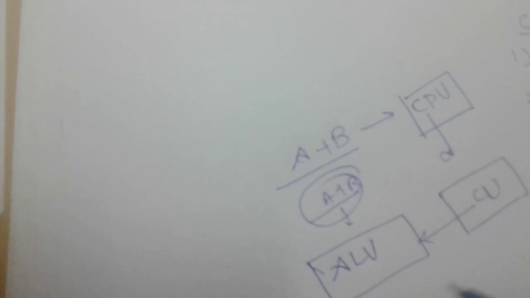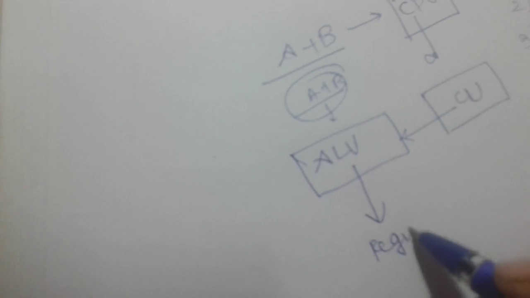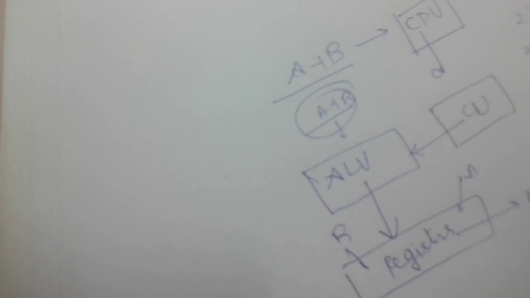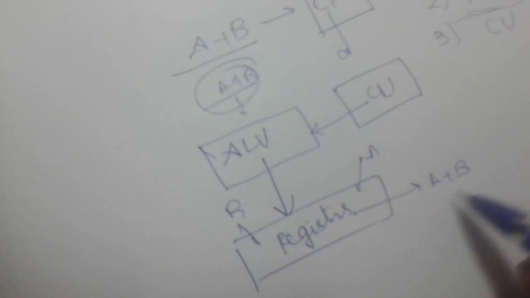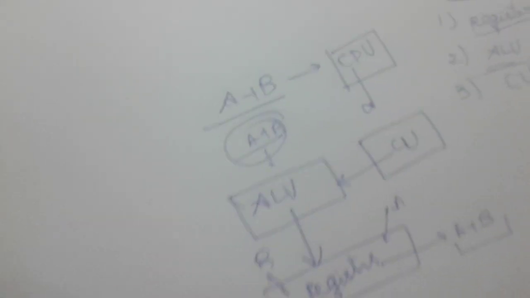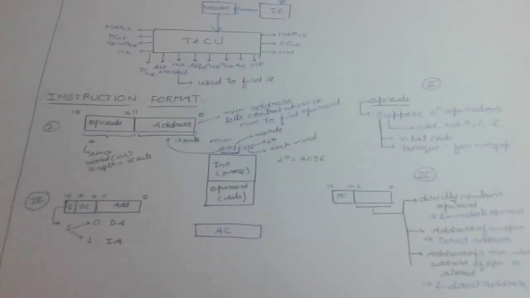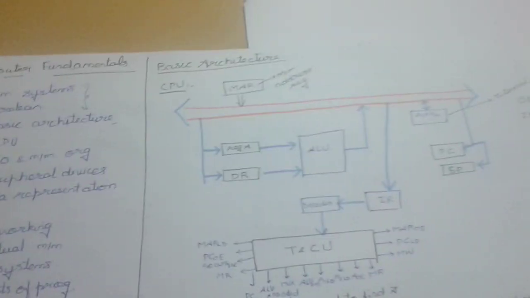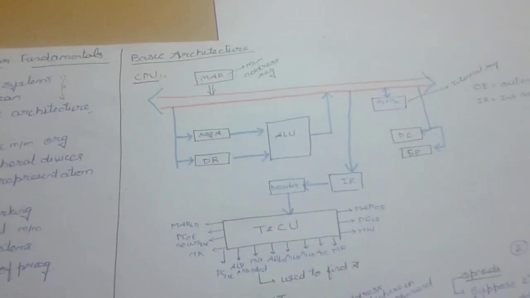Now, in turn, ALU will contact registers to get necessary data, that is A and B, and store the result. This storing of result also takes place in register. Okay, so this was a basic view of CPU.